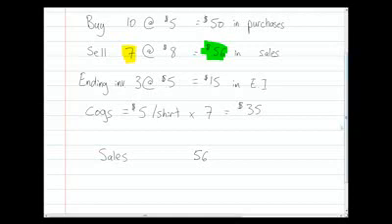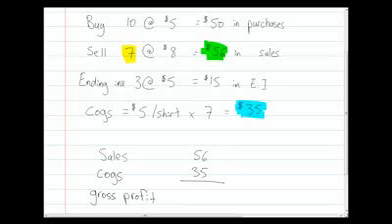That amount is what we calculated up here: we sold 7 shirts, which we bought at $5 each, for total COGS of $35. That leaves us with what is called our gross profit, which is the difference between our sales and our cost of goods sold, and that's $21.